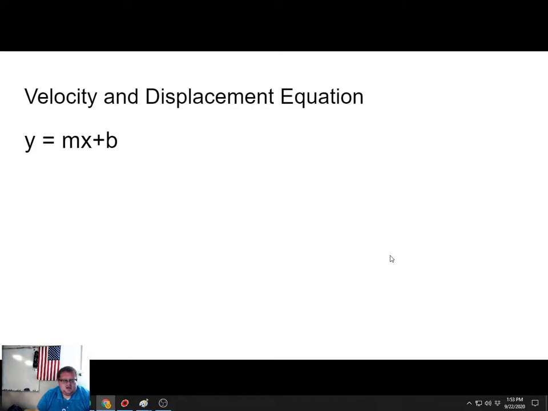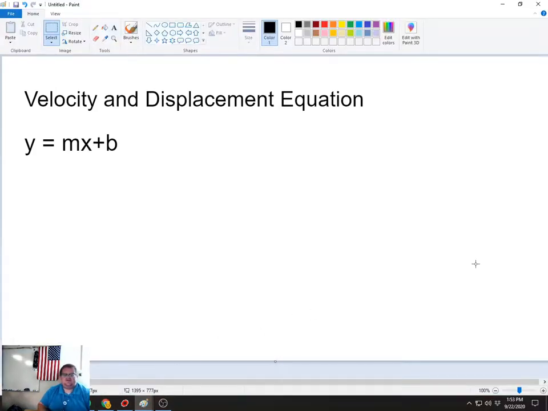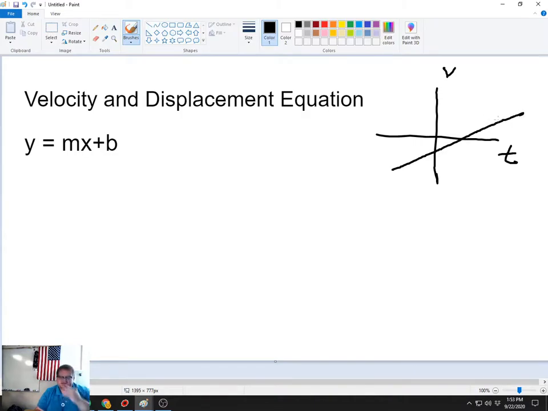All right. Well, what else can this tell us? Can we infer some other equation from this? Of course we can, because if it's a line, we have y equals mx plus b. So once again, if I have just some rudimentary velocity versus time graph, and some line that goes through like this right here, well, this line has the equation y equals mx plus b.